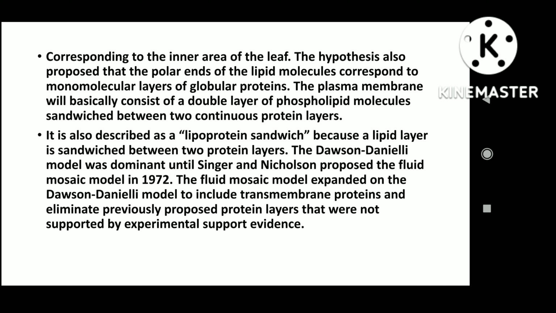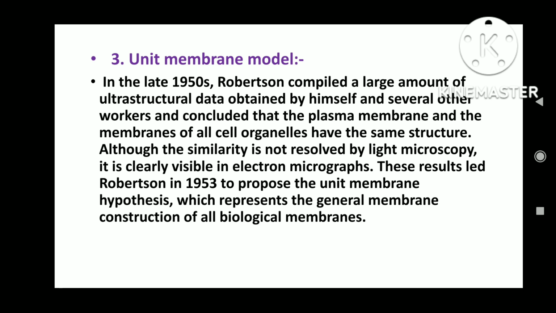Unit membrane model. In the late 1950s, Robertson summarized a large number of ultrastructural data obtained by him and some other workers and concluded that the plasma membrane and the membranes of the cell organelles were similar in structure.